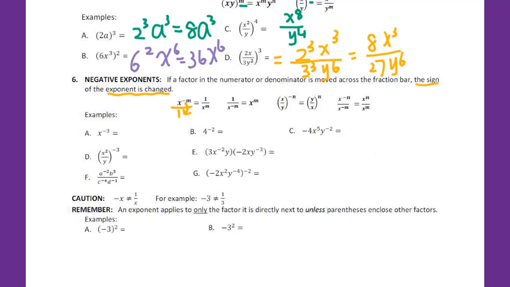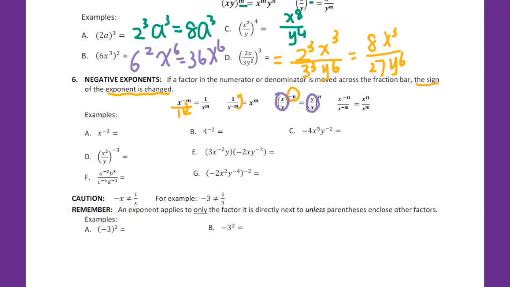For 1 over x to the negative mth power, flip to the top. Then we got x to the mth power. For x over y to the negative nth power, you flip y and x. See, this is y over x, this one is x over y.